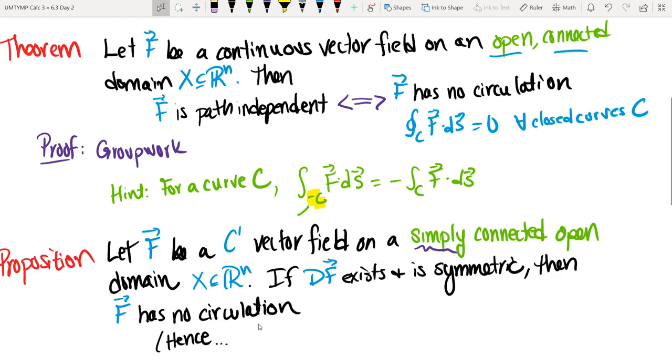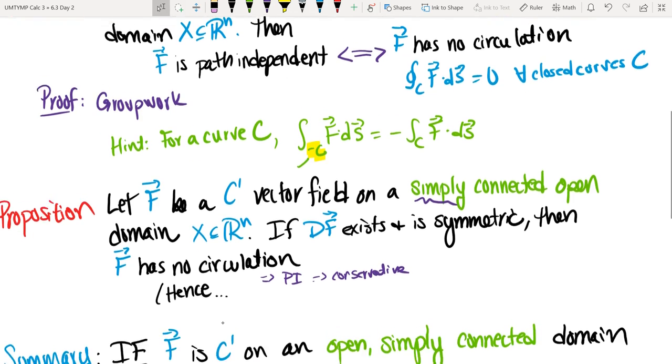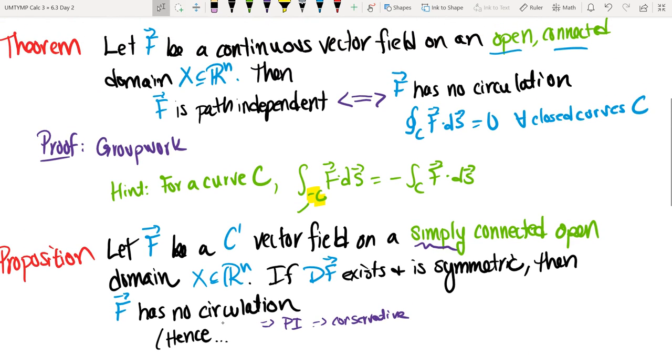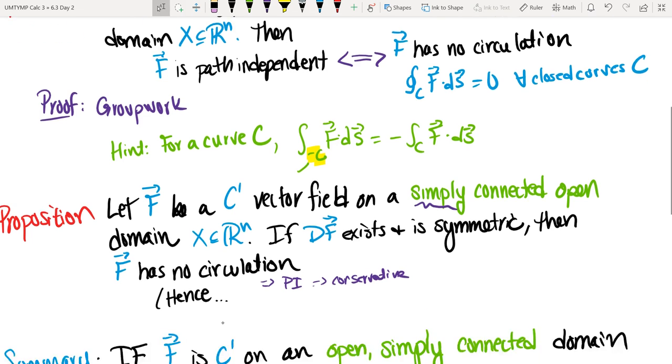But remember, no circulation means path independent, which means conservative vector fields. So with these suppositions, an open simply connected domain is enough to say that these ideas are all equivalent.